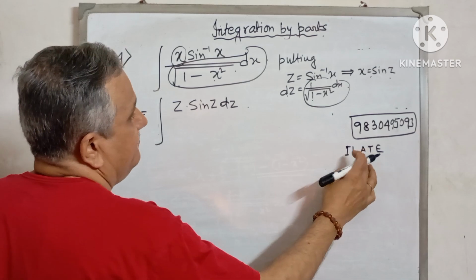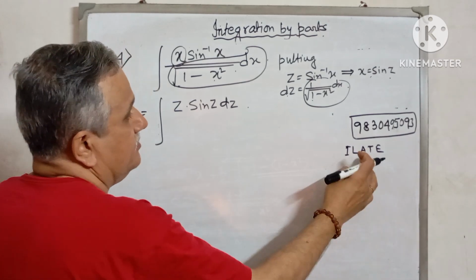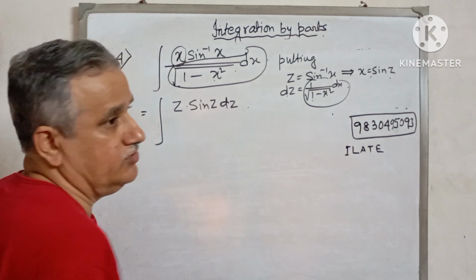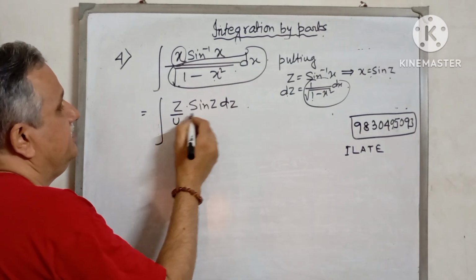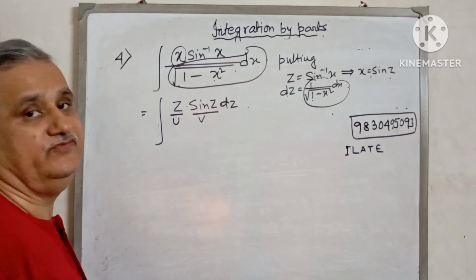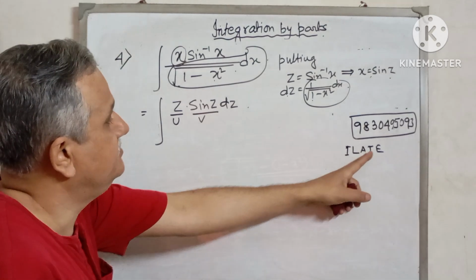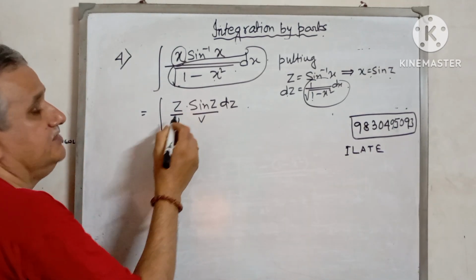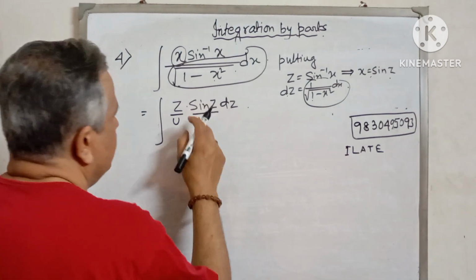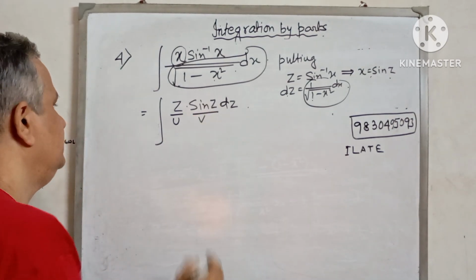algebraic function is left of trigonometric function. So we consider z as a u function and sin z is a v function. Since algebra is left of trigonometry, here z is the u function, that is first function, and sin z is the second function, that is v function.